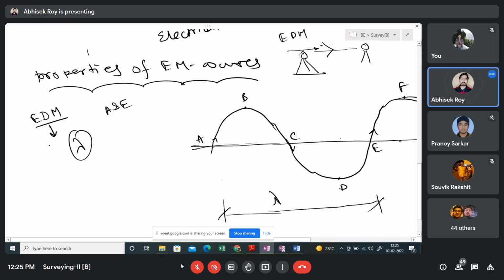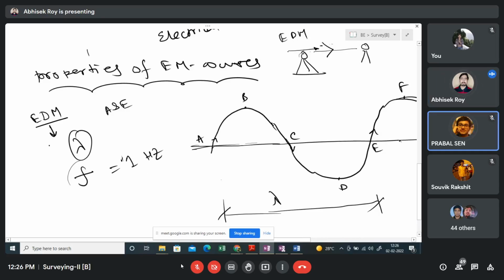Now, if you know this distance, and also the frequency of these waves, frequency means how many cycles it completes in 1 second. If it completes one cycle in 1 second, its frequency will be 1 hertz.